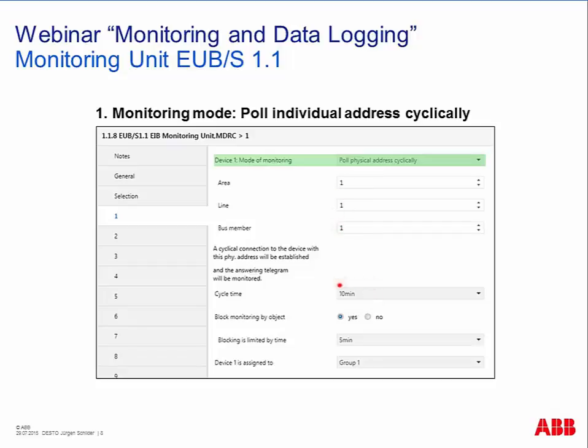Then you have to decide in which cycle time it shall be monitored. In this case, every 10 minutes, communication will be established from the EUB to the device to be monitored. Additionally, you can block this. You can say, I don't want to monitor during a certain time. That's possible via another group object.